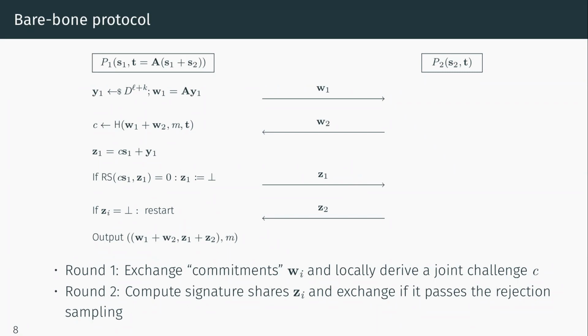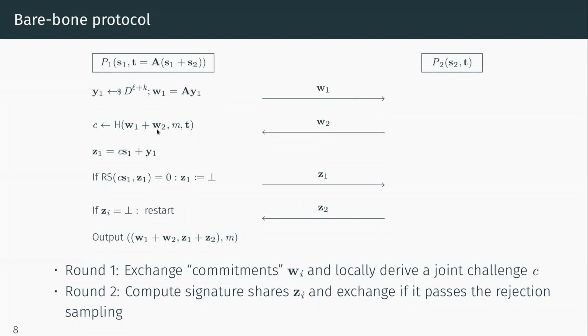So when we consider the two-party version, we can construct a very straightforward protocol. Let's call it a bare-bone protocol. Thanks to the linearity, most of the operations can be done locally. So here, again, party 1 generates Y and W independently, and then the two parties exchange W1 and W2, and then they add them up.